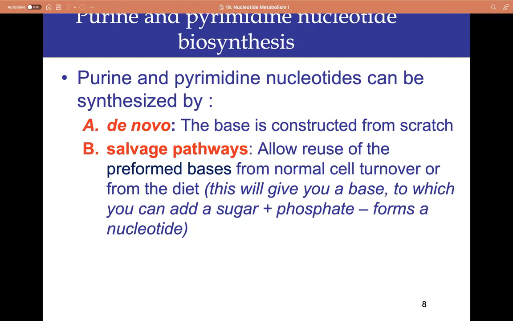You can think of these as coming from dying cells or cells that are now old and are being recycled. These are used in the salvage pathway. About 90% of purines and pyrimidines are salvaged, but those that are not are then excreted as uric acid. We'll come to that, I think, in the next lecture, inshallah. But essentially, the salvage pathway comes from a base, and then you add the sugar and phosphate to it, and you end up with the same nucleotide that you started with.